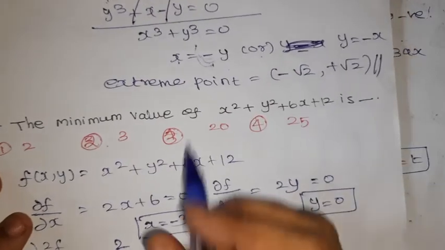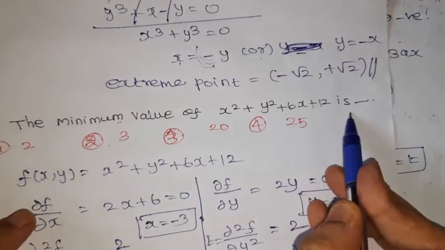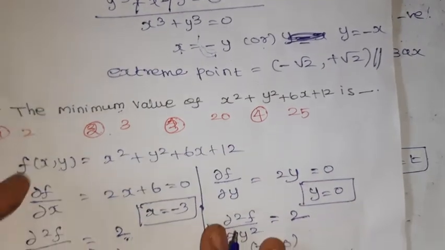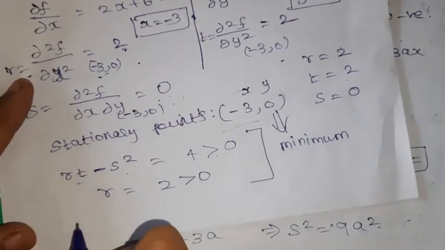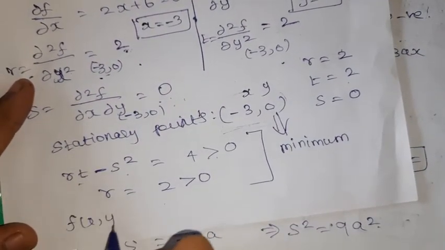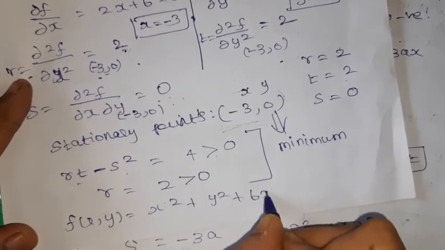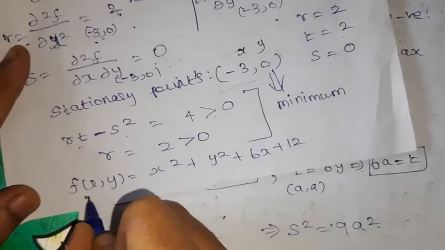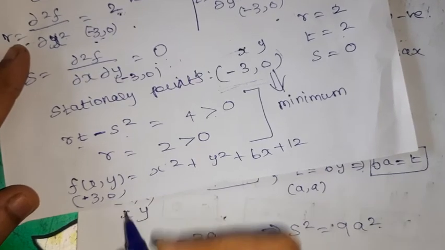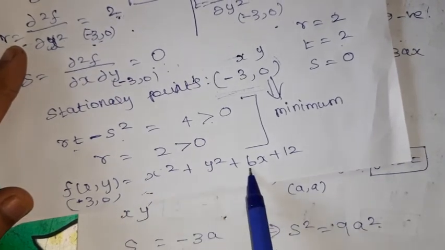What we need to find is the minimum value of this function. So substitute in f of x comma y, which is x square plus y square plus 6x plus 12 at minus 3 comma 0. Substitute x equal to minus 3 and y equal to 0.